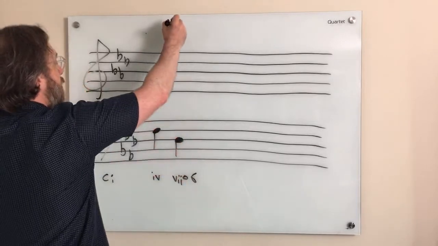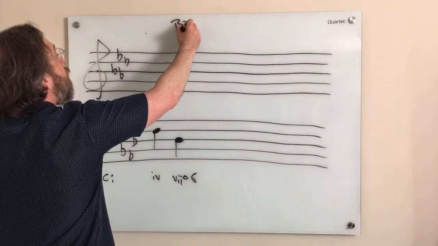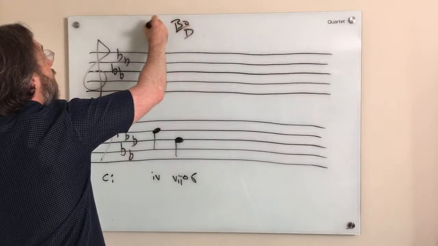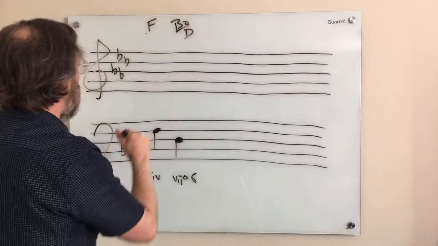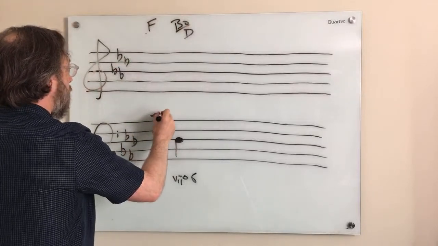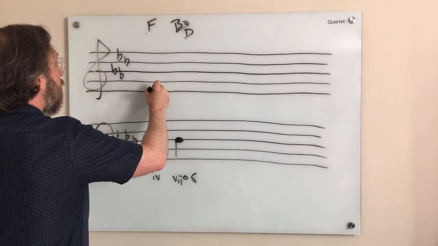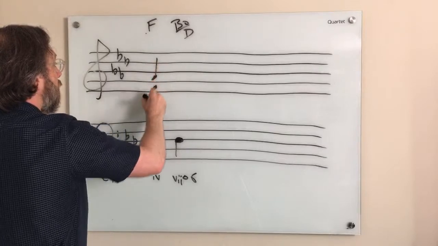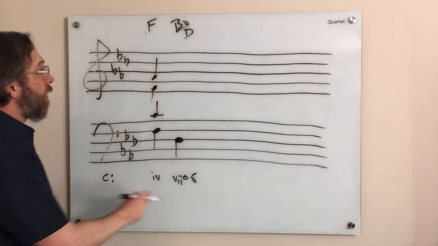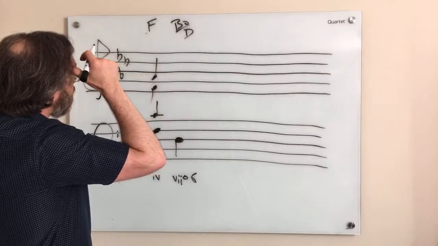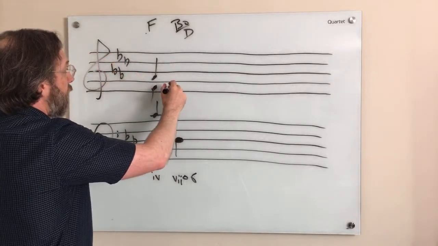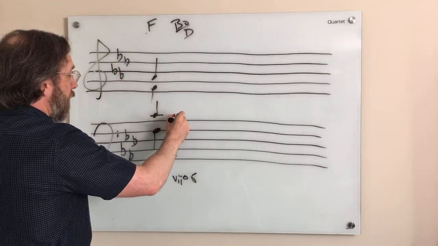Okay, so 7 diminished 6, the B diminished triad with D in the bass, F minor. Okay, so let's throw up a simple voicing for our 4 chord, and then here's where we're going to put our.